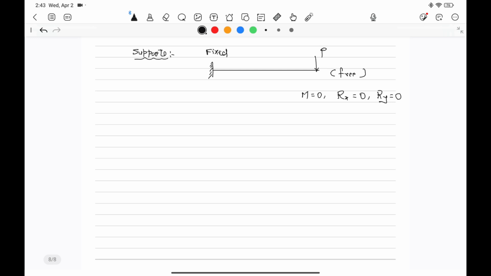At the fixed end there is a moment, this is A, because the structure has to be in equilibrium. Here everything is 0, and here everything is present: RAY, and RAX.